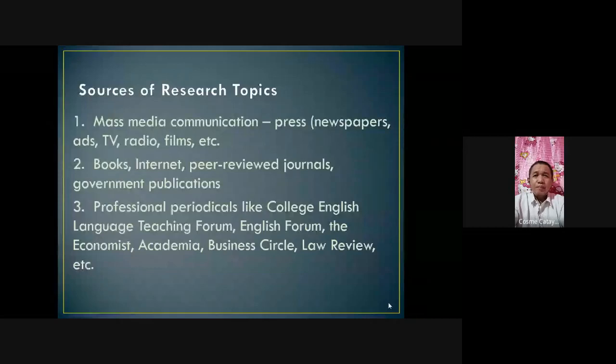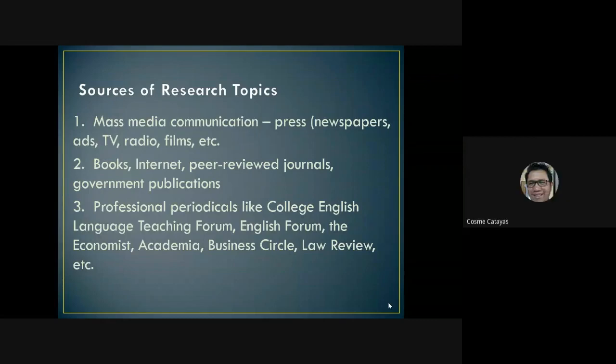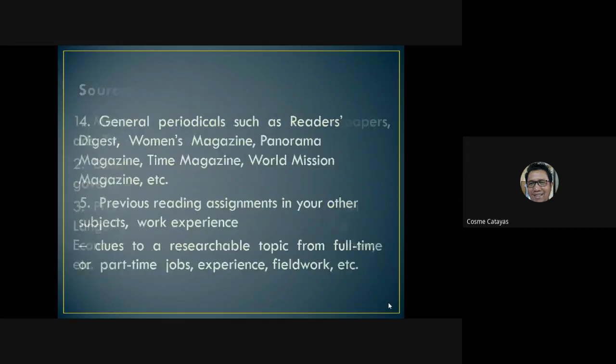Number three, professional periodicals like College English Language, Teaching Forum, English Forum, The Economist, Academia, Business Circle, Law Review, and others. Number four, general periodicals such as Reader's Digest, Women's Magazines, Panorama Magazine, Time Magazine, World Mission Magazine, etc.